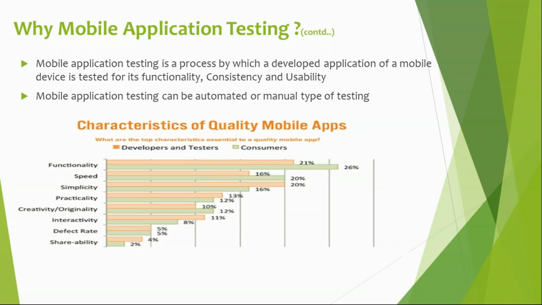Let's say WhatsApp is an application which requires around 100 MB to run on your mobile device. Now you have 300 MB free space on your mobile device. And still, if your WhatsApp is not responding properly, then it is a defect with your WhatsApp application. So you need to make sure of that.